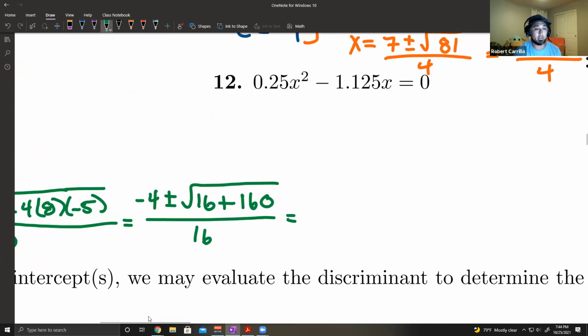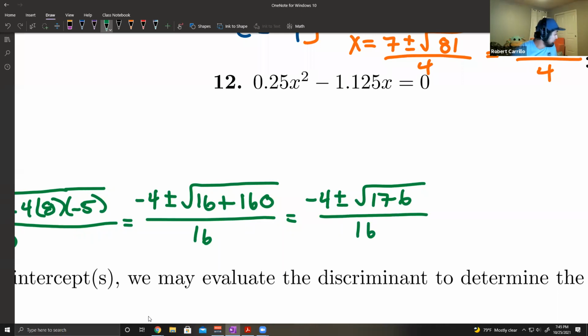This becomes -4 plus or minus the square root of 176 over 16. Oh boy. 176. What makes up 176?